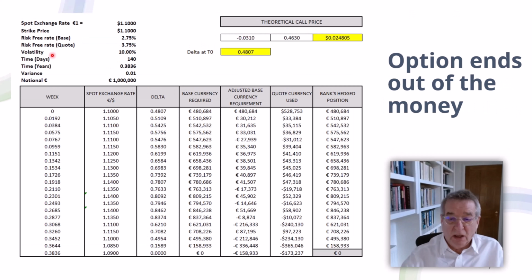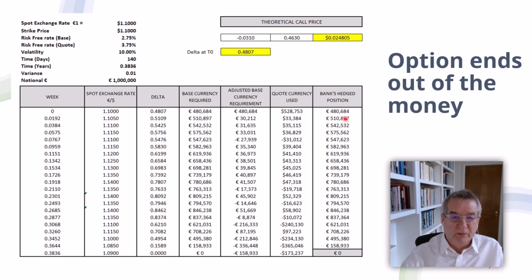Now, as I indicated earlier, the other possible outcome, of course, is that after 20 weeks, the exchange rate is actually below the strike. The customer will not exercise. It'd be cheaper to go into the spot market and buy at 1.09 rather than pay the $1.10 on the strike.